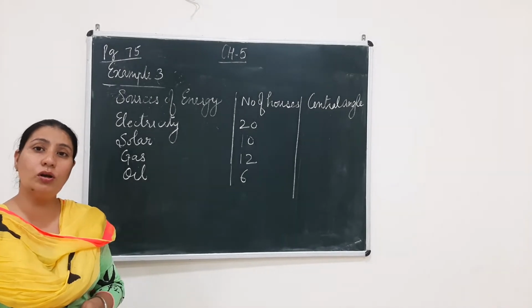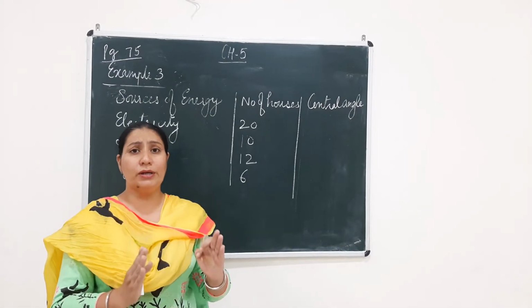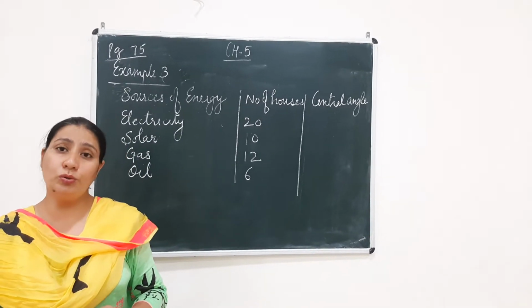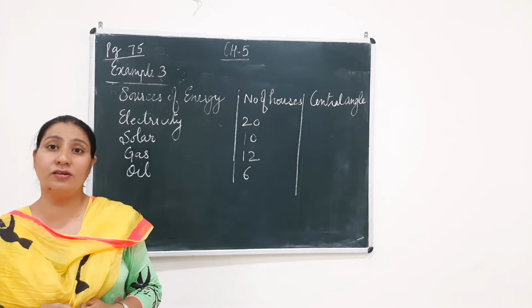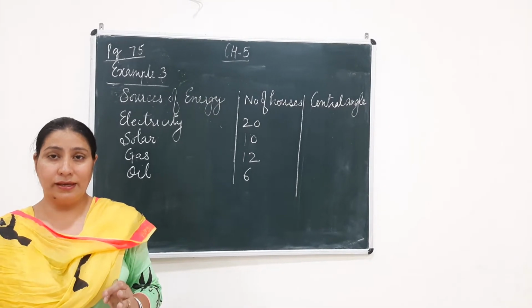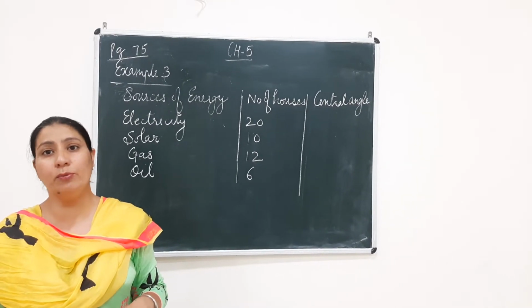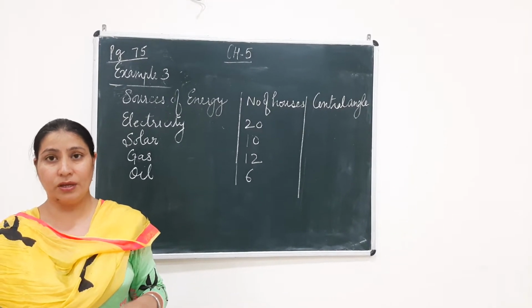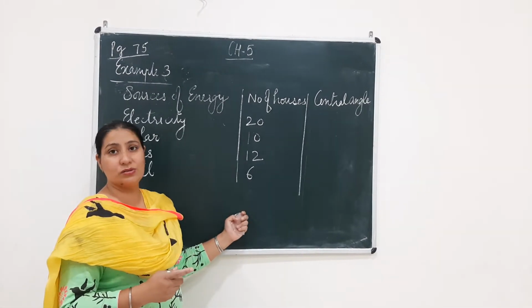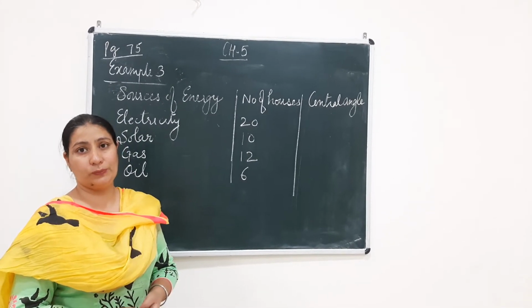One thing you should all know, children: the data is represented in the form of a circle, and the angle formed at the center of the circle is 360. So your total angle in which you have to subdivide your data cannot be more than 360. Now you will see how we divide these values into angles. This is what I am going to teach you now.